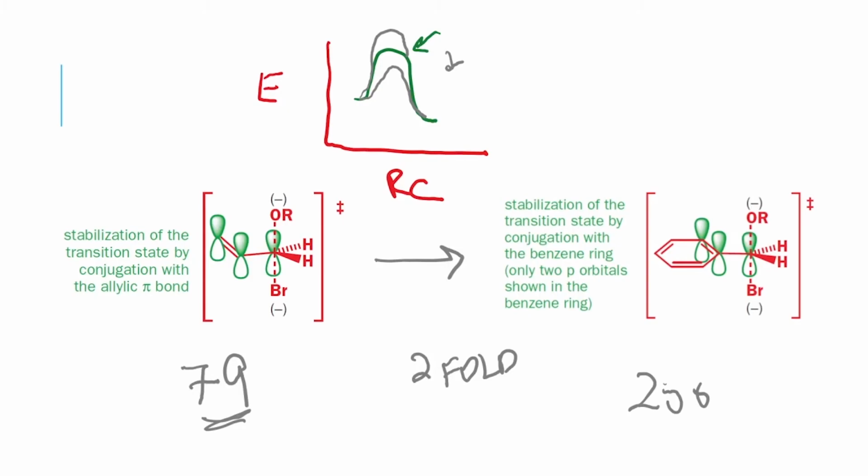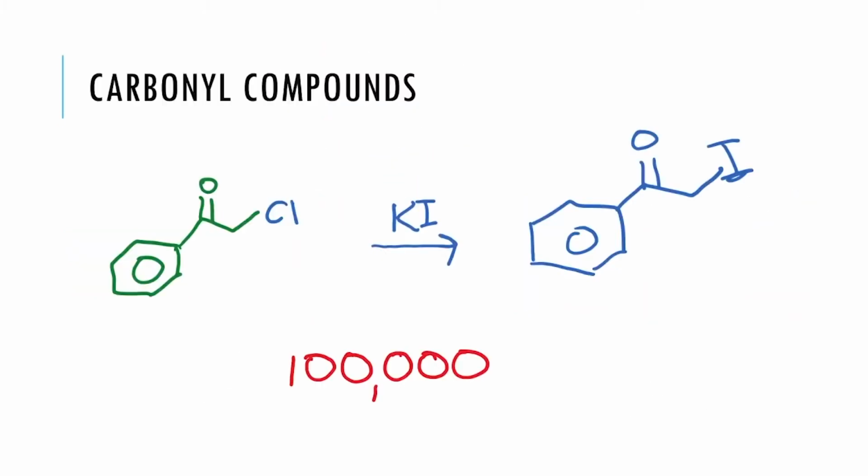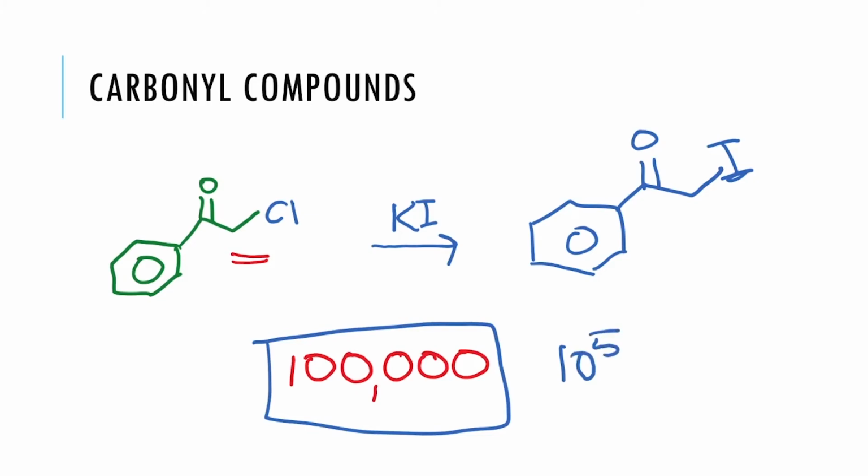But the most important experiment here is the following. When I do this experiment in the presence of benzoyl chloride, that is this chloride over here, I find that the rate of the reaction goes up by 100,000. So this is a 10 to the power 5 increase in rate of the reaction.